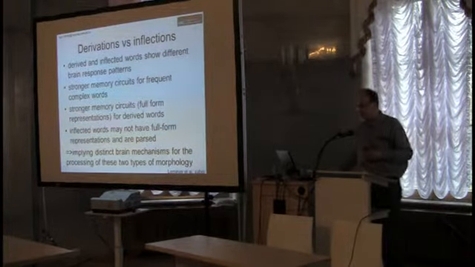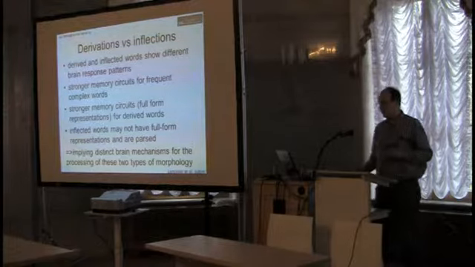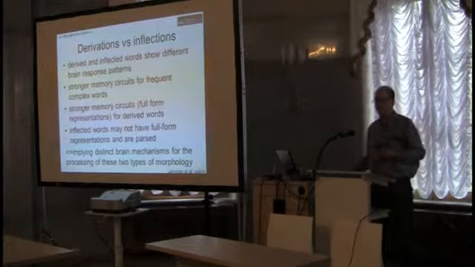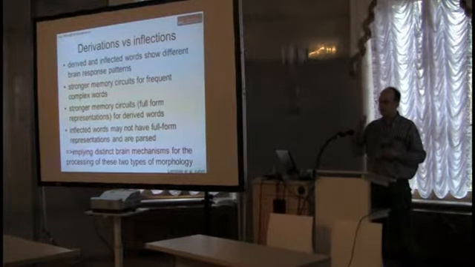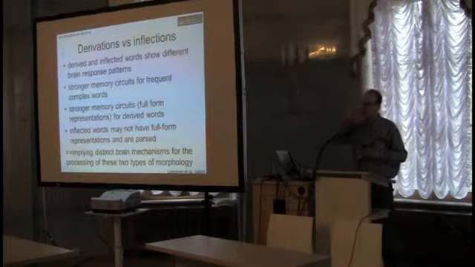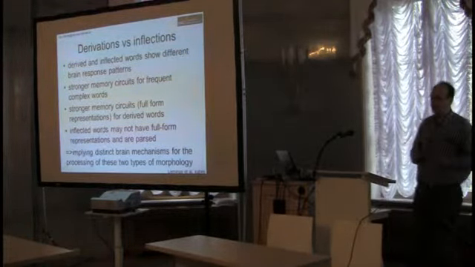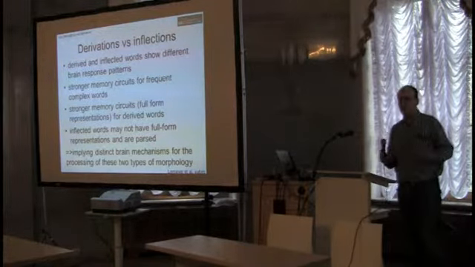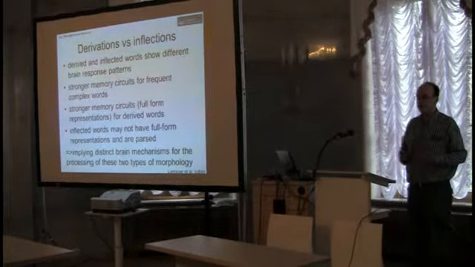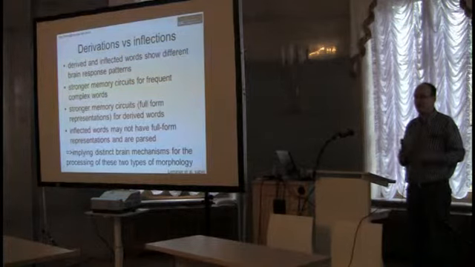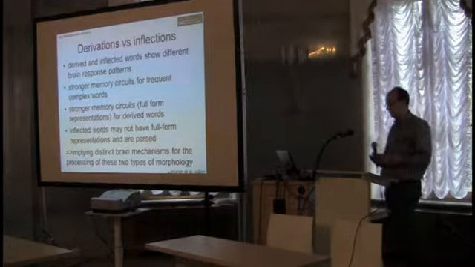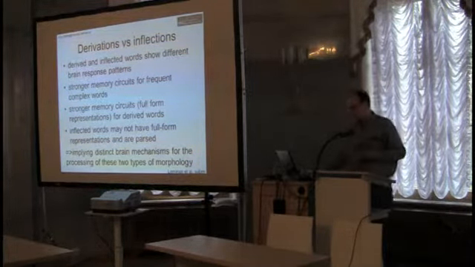So all in all, it implies distinct brain mechanisms for the processing of these two types of morphology. And I'd like to remind you of the example of the patient HH made yesterday by Lucien, who showed wonderful dissociation between this person being able to read derivations and completely blind to inflections. That's a very interesting case.